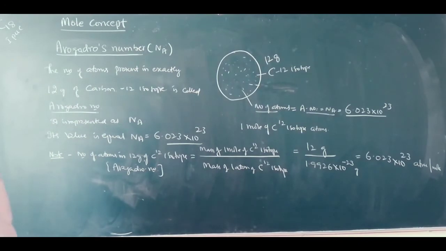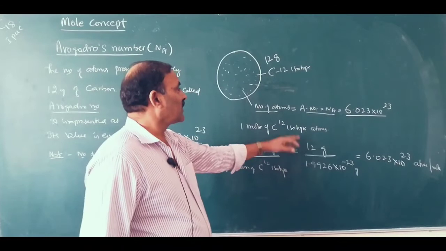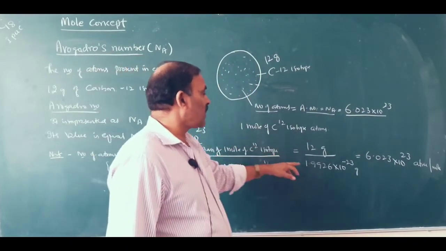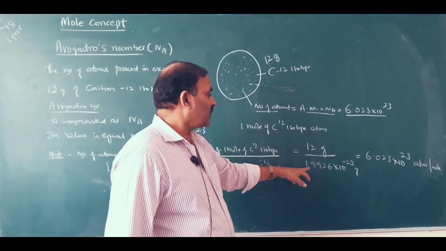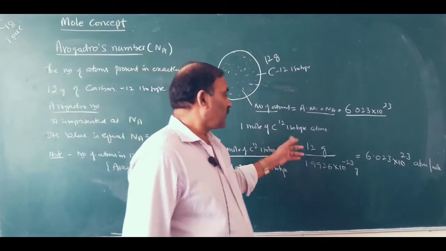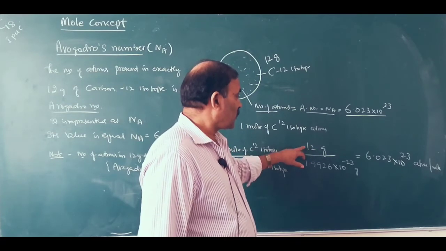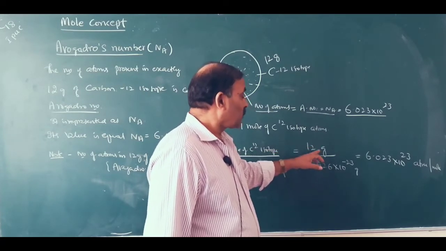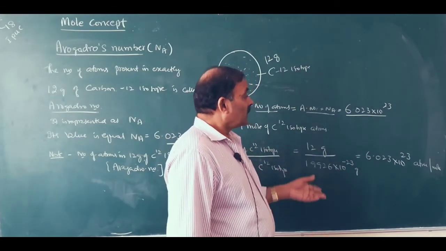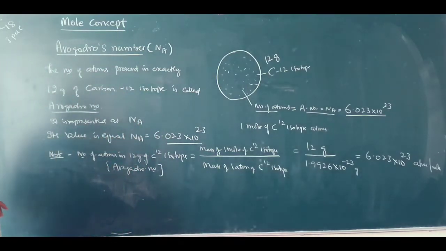Mass of exactly 12 gram of carbon 12 isotope is 12 grams, and the mass of one atom of carbon 12 isotope is determined by mass spectrograph, that is 1.9926 into 10 to the power of minus 23 gram. So 12 gram divided by the mass of one atom gives the number of atoms present in 12 gram of carbon 12 isotope.